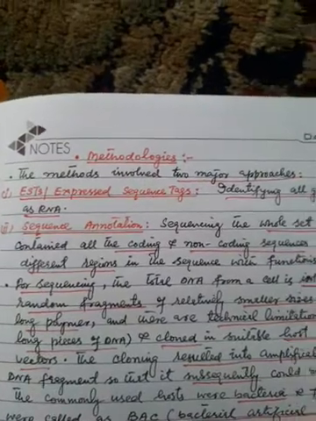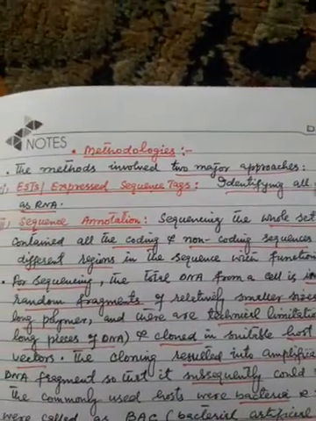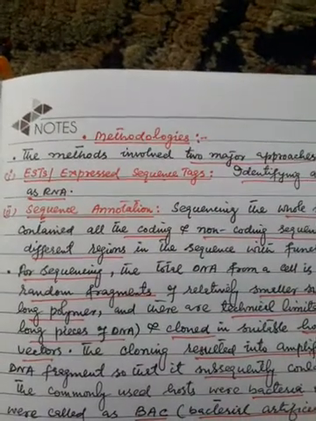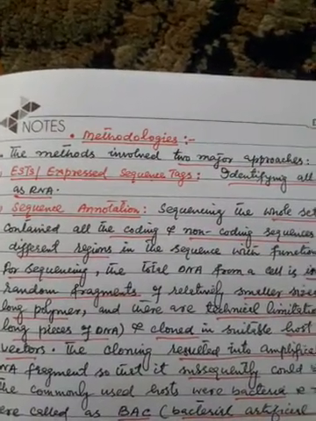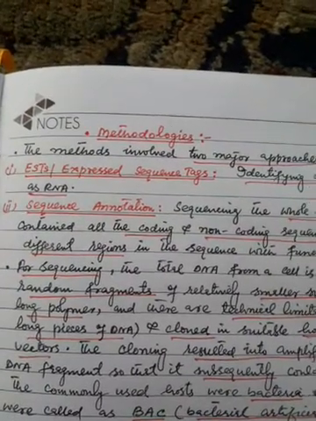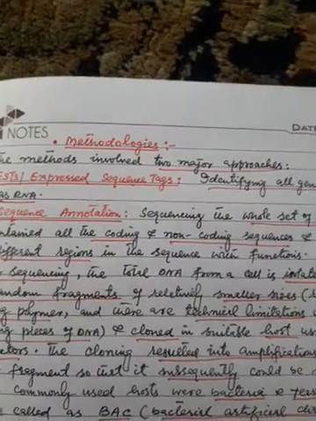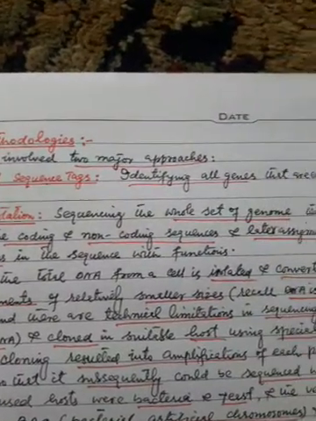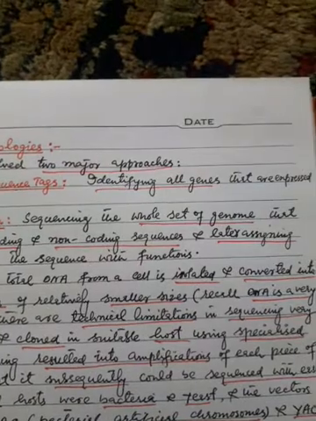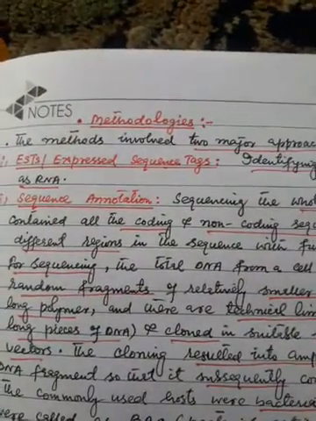Now the methodologies. The methods involved two major approaches. Number one, ESTs, that is expressed sequence tags, and number second, sequence annotation. ESTs are expressed sequence tags identifying all genes that are expressed as RNA.